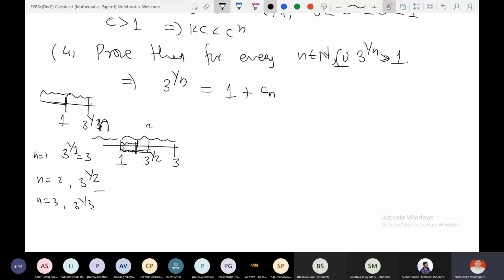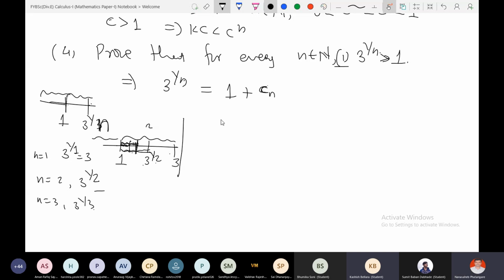If n is equal to 3, the additional part is this. If n is equal to 4, the additional part is this. So the additional part depends on n, and I denote that additional part by Cn. Do you understand? 3 raised to 1/n is 1 plus something additional, and that addition depends on what my n is. Correct? Is it clear? Yes, sir.